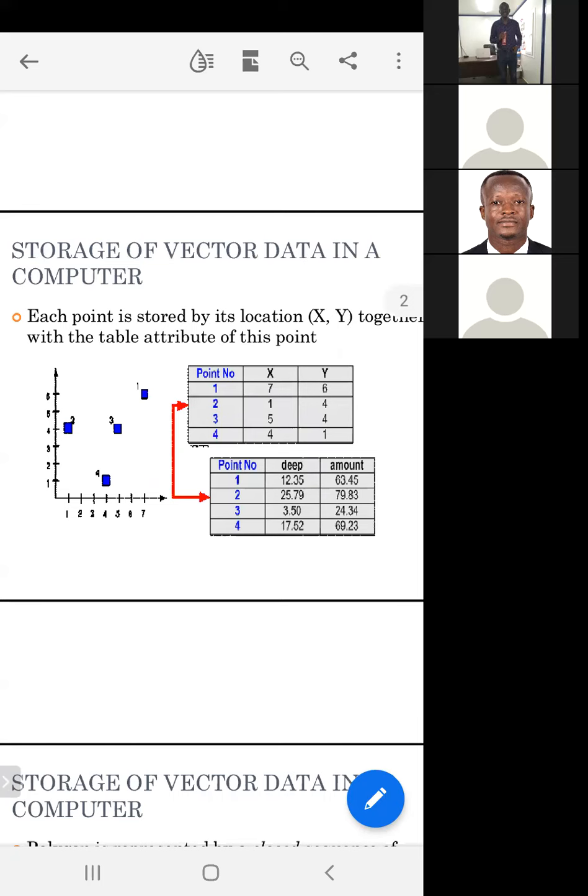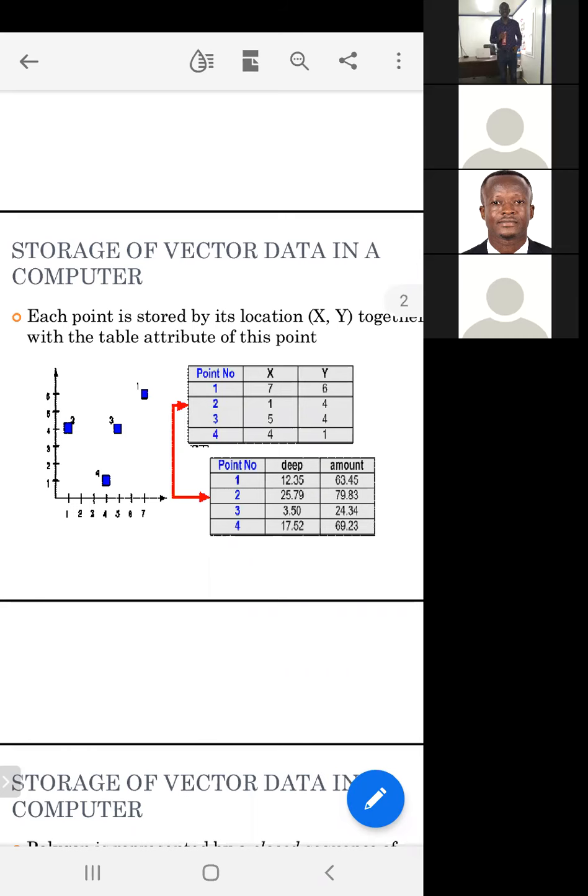This is like a graph, for you to understand how it works. But on the ground, these values are quite huge. Surveyors deal with these XY coordinates, which are very huge numbers, like 75000 something feet in reality.